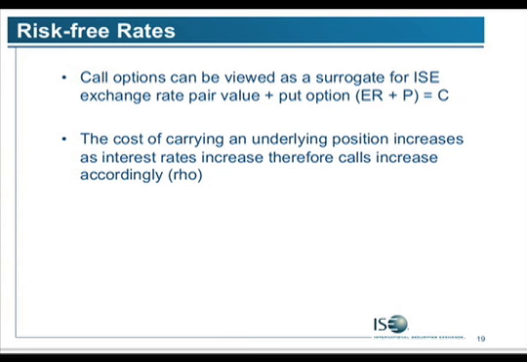So if I'm looking at risk-free rates, I can create, and this is why options are going to be priced a little bit differently among different currencies. I can take the exchange rate, I can buy a put option, and I can get the call. So if I'm looking at trying to trade the AUD options, AUD is going to benefit since the Australian dollar is the base currency.